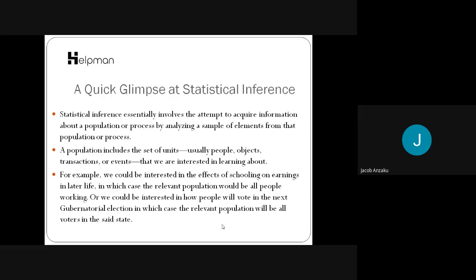In which case, the relevant population will be all the people working. That's if we want to take the effect of schooling on earnings later in life. Or we could be interested in how people will vote in the next, let's say, gubernatorial election. In that case, the relevant population will be the registered voters in that particular state that we are looking at.